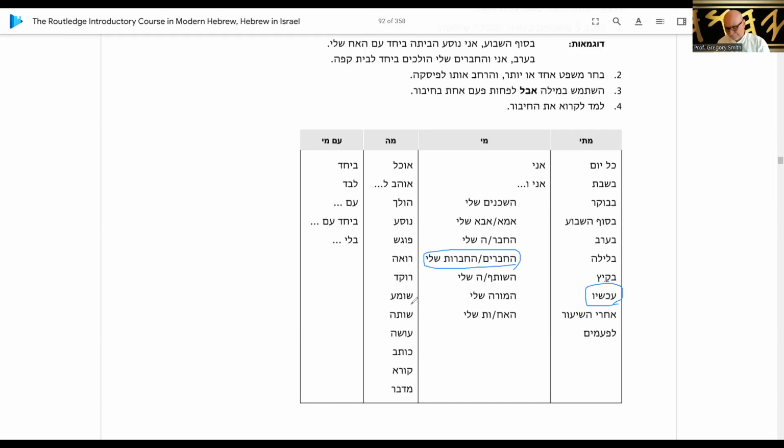What's this? Shomea. Akshav chaverim shali. This should be chaverim. Now, my friends, okay. Akshav chaverim shali. What are they? What do they want?